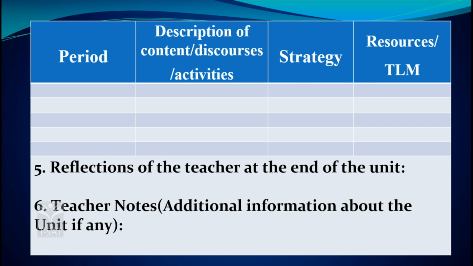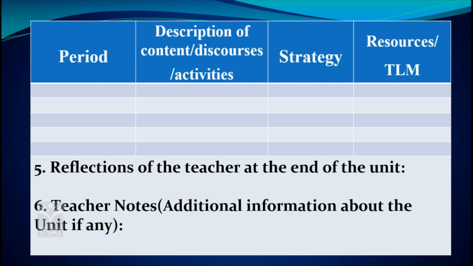So, what area is selected for the particular period and what is the strategy and what activities are we going to do in the classroom, and what type of activities, maybe individual activities or group or peer activities, and how we are going to present it, and resources. So, preferably the textbook is the resource, and you can use charts or even diagrams, or even electronic resources, right, and reflections of the teacher at the end of the unit.